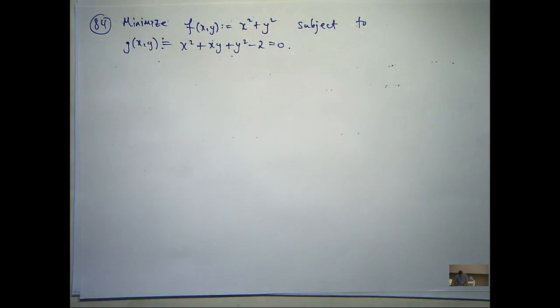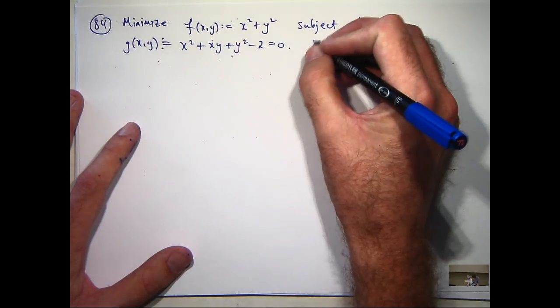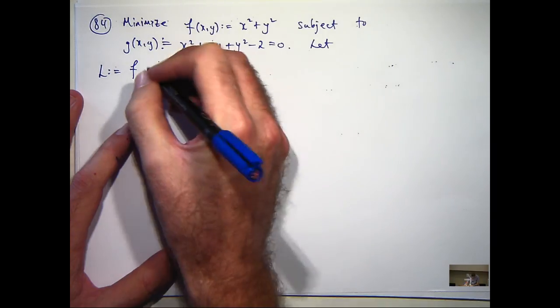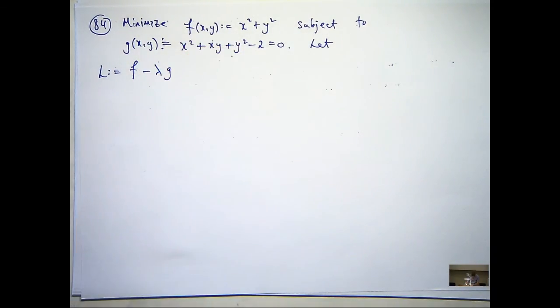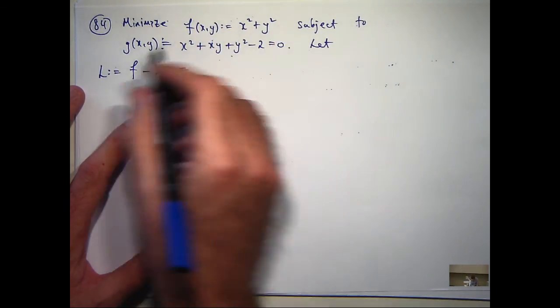Okay, so what do we do? Yep, let's write down the Lagrangian function. We're going to let our Lagrangian just be f minus lambda g. We're going to look for the critical points of L. So to find the critical points, of course, we want to differentiate and set all the derivatives equal to 0.